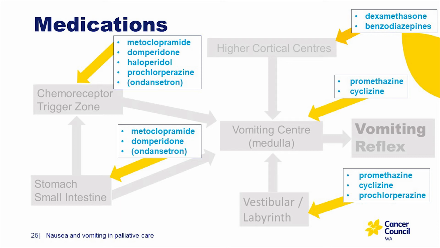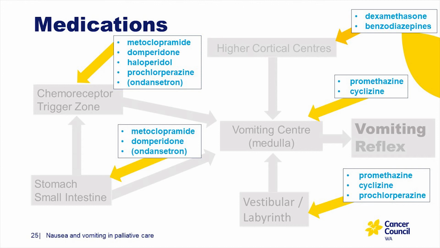When we're talking about nausea and vomiting induced through the chemoreceptor trigger zone, we'll be using medications that affect dopamine in particular. So we'll be talking about metoclopramide, prochlorperazine, domperidone, and haloperidol. If we're talking about increasing motility through the gut, we will be looking at metoclopramide and domperidone, our two prokinetic antiemetics.